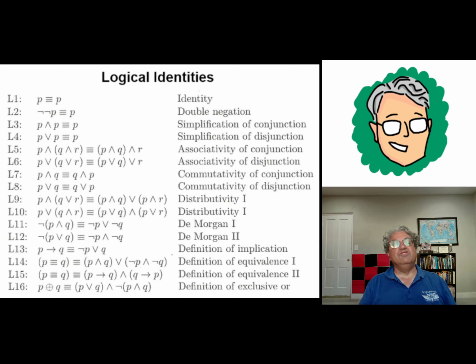So anyway, what else do we have here? We have the definition of implication. This one's a little tricky. Remember, implication was a little bit of a controversial one because if P is false and Q is either true or false, we say the implication is true. Well, it turns out with that definition, P implies Q is the same thing as not P or Q. Either P is false or Q is true.